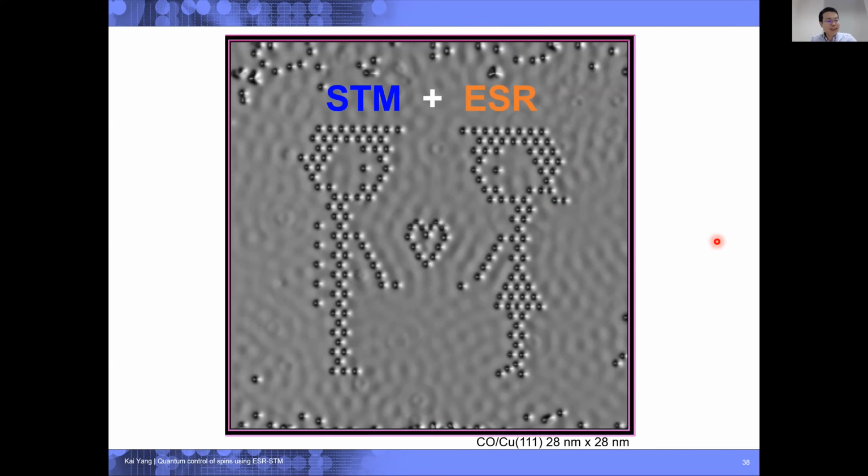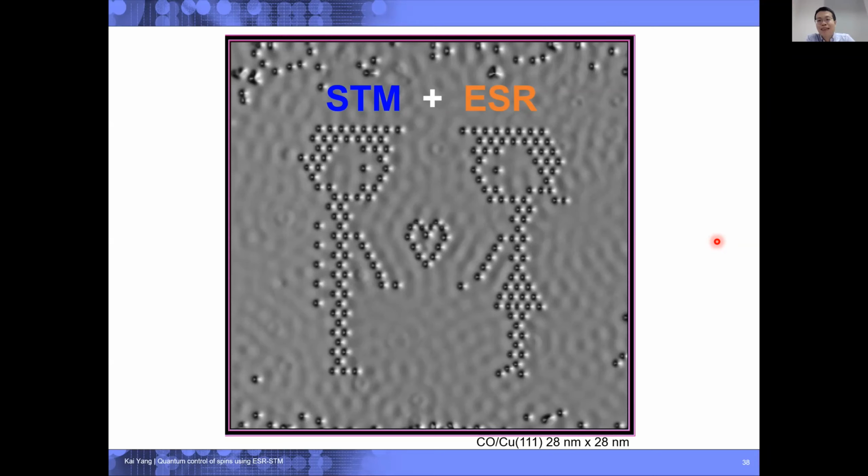The atoms we have measured: the first one is iron, which is a spin 2 system, and also titanium spin 1/2. Actually, it's hydrogenated titanium spin 1/2, and also copper, another spin 1/2 system.